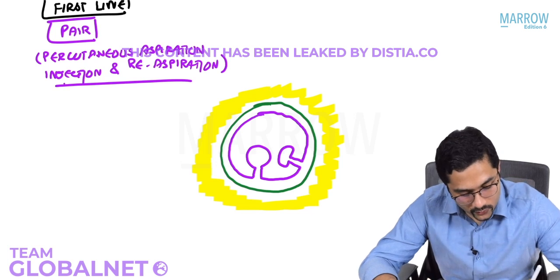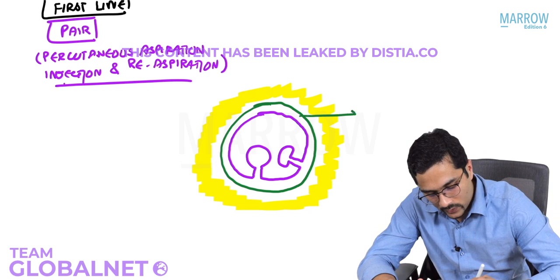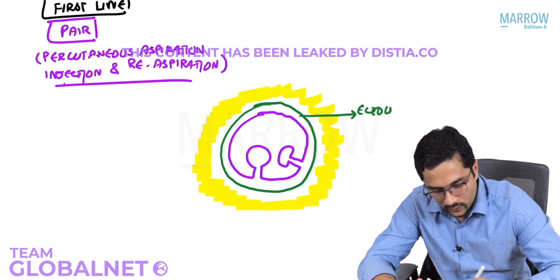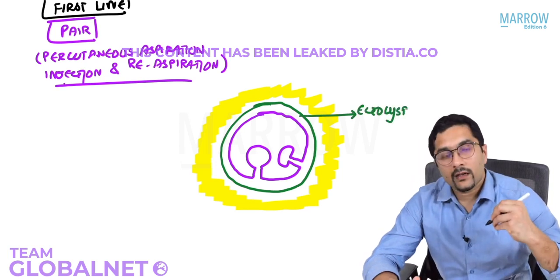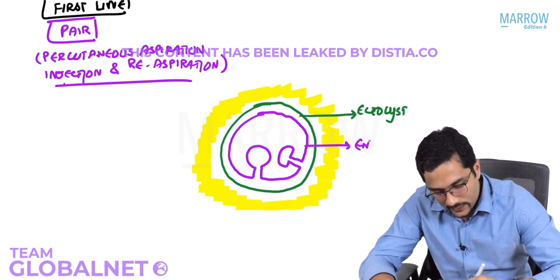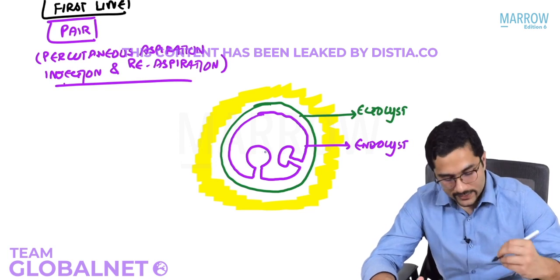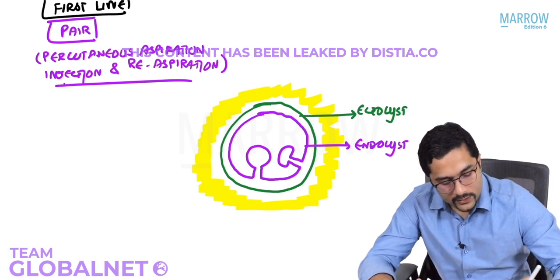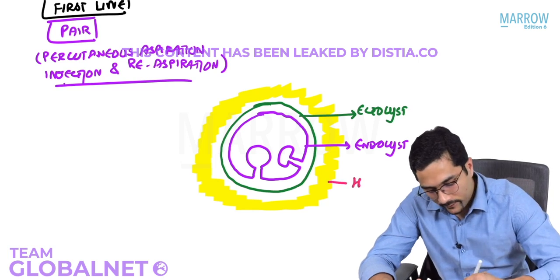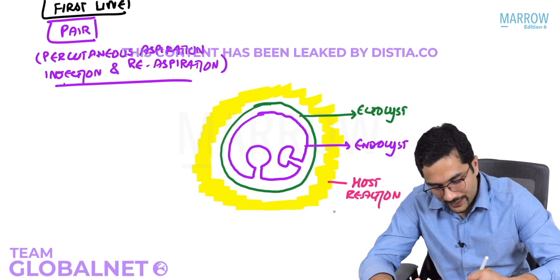If I just have to label this, the green structure is the ectocyst. This is one of the layers of the hydatid cyst. The purple one is the endocyst, which gives rise to the daughter cysts. These are the daughter cysts. And the yellow one is the host reaction, also known as the pericyst.